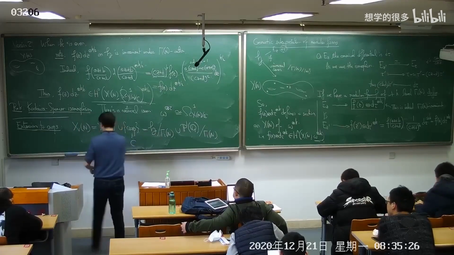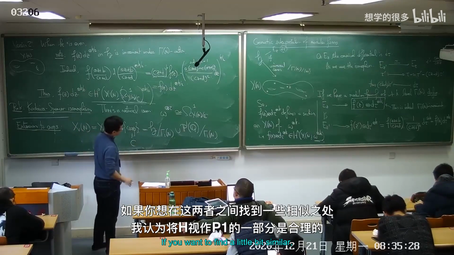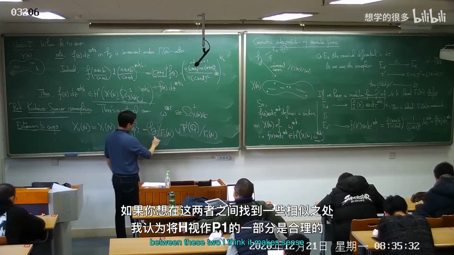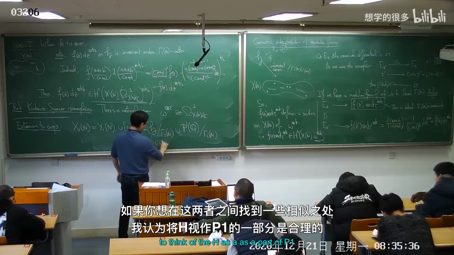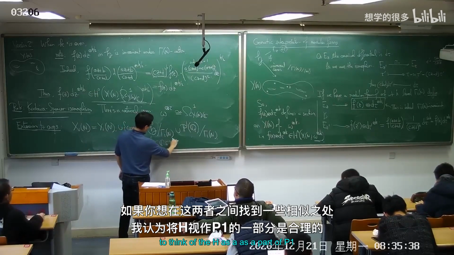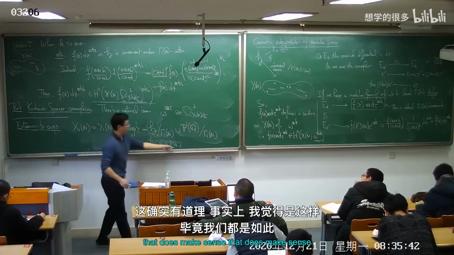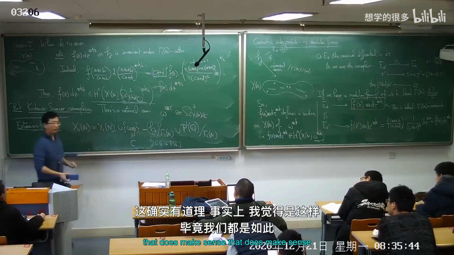Right. If you want to find a little bit of similarity between these two, I think it makes sense to think of this H as a part of P1(C). That does make sense.